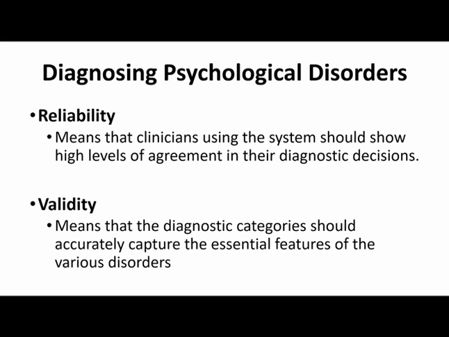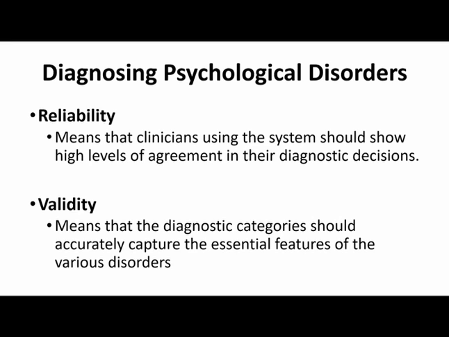So if we rely on things that are observable, and rely less on the opinions of clinicians, then we should have a lot more agreement between different clinicians using that same diagnostic classification. If we want something that's reliable, we want lots of consistency and lots of agreement between people.